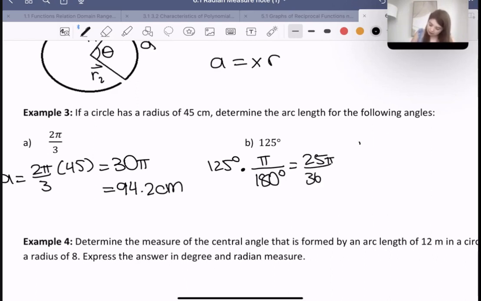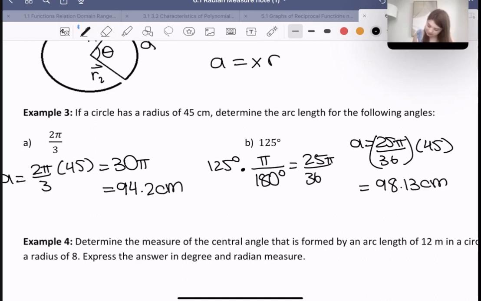So then our arc length would be 25 pi over 36 times 45, which would be 98.13 centimeters approximately, right? So in this case, we found what proportion we have instead of 2 pi to put for our x value to find the arc length.